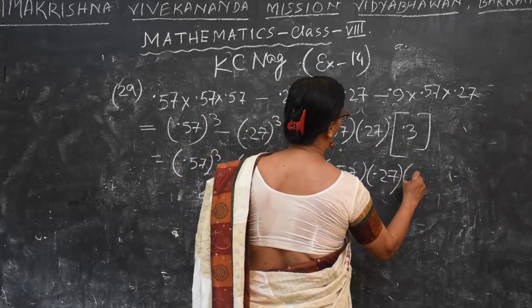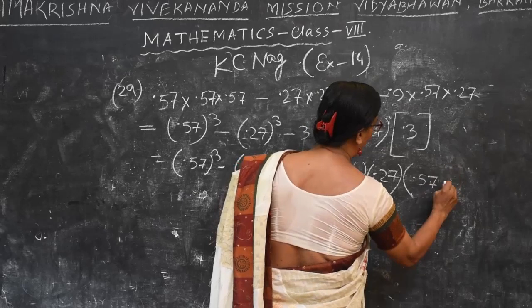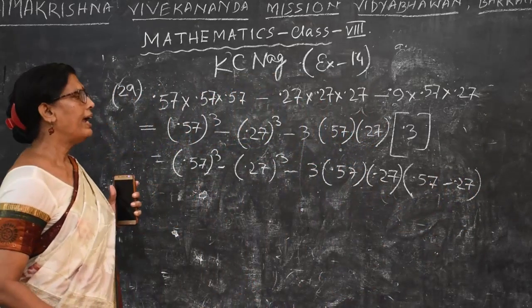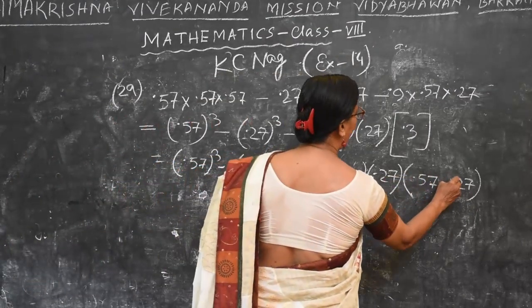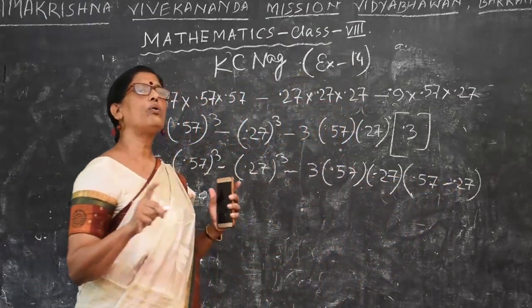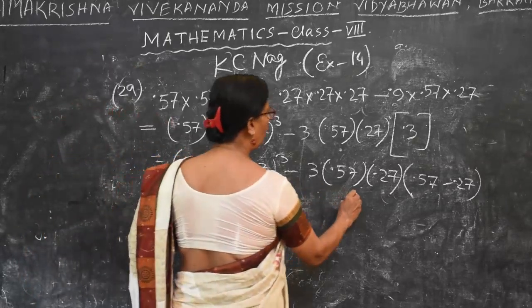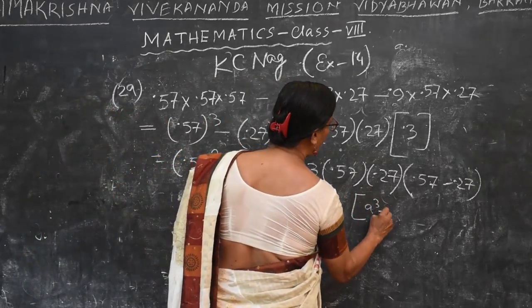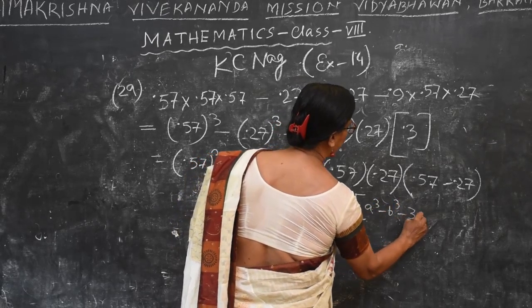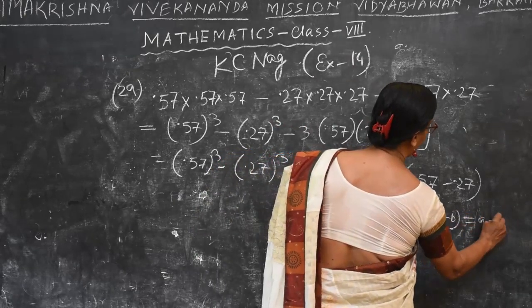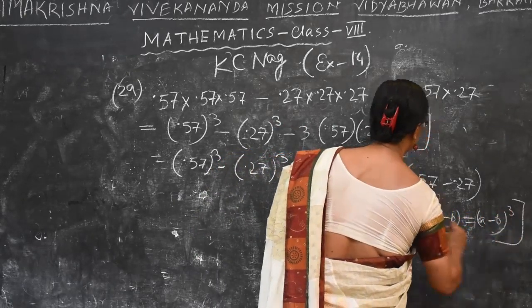This is 0.57 minus 0.27. Again I tell you, there is no book in my hand. If it is not a point, you can do without point in the same manner. The formula is A cube minus B cube minus 3AB into A minus B is equal to A minus B whole cube.